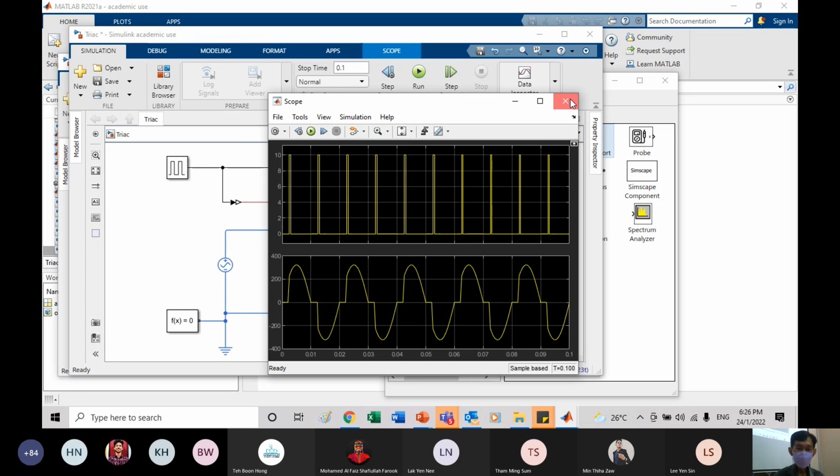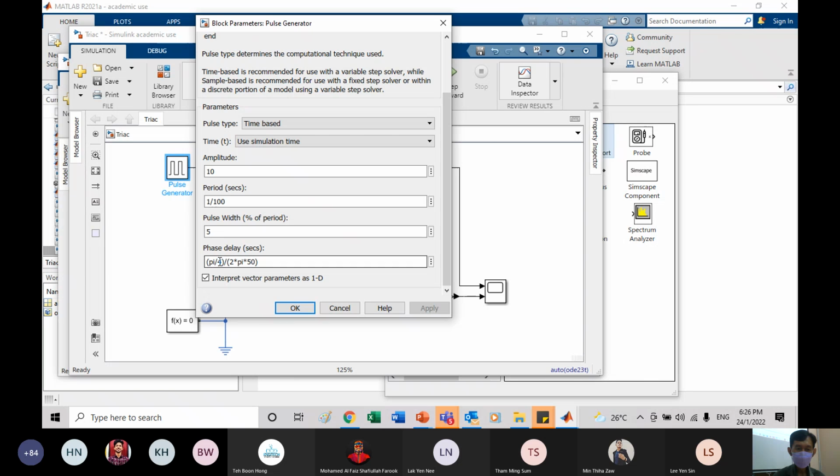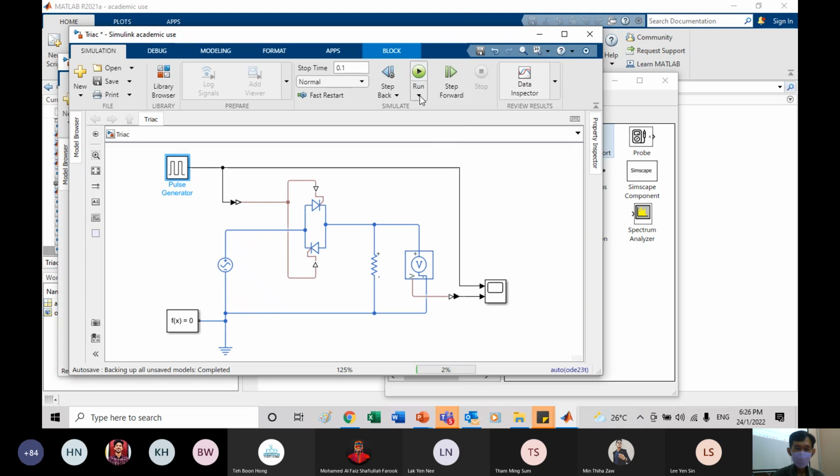Now, like I said, if you change the duty cycle, not duty cycle, the phase, to divided by 3 or divided by 2, then it starts to chop off more.